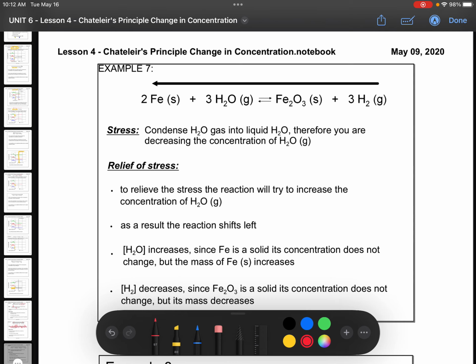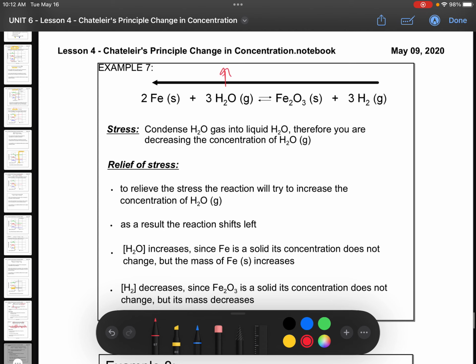Now, examples 7 and 8 are looking at solids. In a situation like this, we're condensing H2O gas, and we actually create a liquid. Because we are trying to reduce the stress of our reaction, we are going to increase the concentration of H2O.